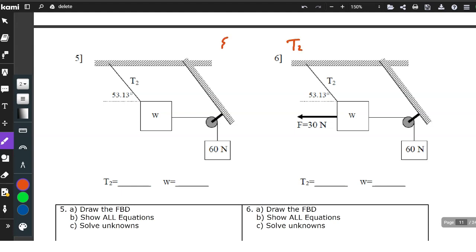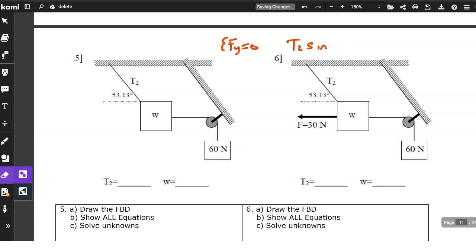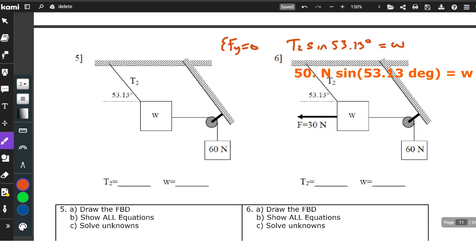T2 sine theta, actually, we know that it's 53.13 degrees, that's the up force, and there's only one down force, that's W. And so it turns out that that's 40 newtons. So W is 40 newtons. And what we got before is 50 newtons. So that takes care of that.